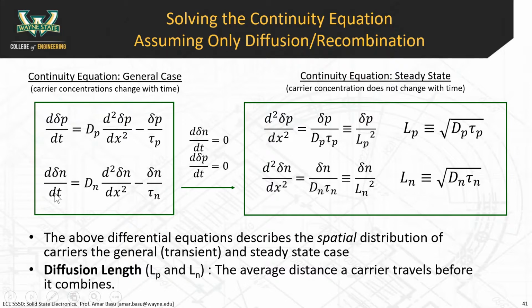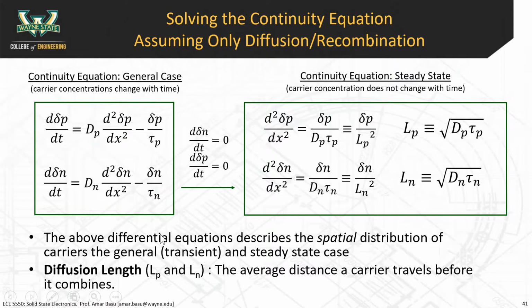Now, this is a general case, but in steady state, remember that this time derivative and this time derivative go to zero. So under steady state conditions, these are the continuity equations. So this term goes away. d sigma p dt, the left side, goes to zero. And so then this term has to equal this term.